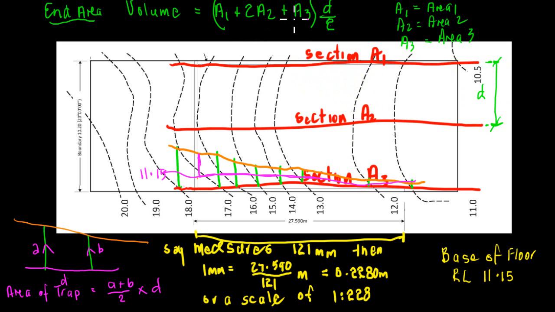So that's for this case. If you have more sections, this being the start one and this being the end, you would add in twice each additional section in the middle. But you can see that from the end area rule that's in the notes.